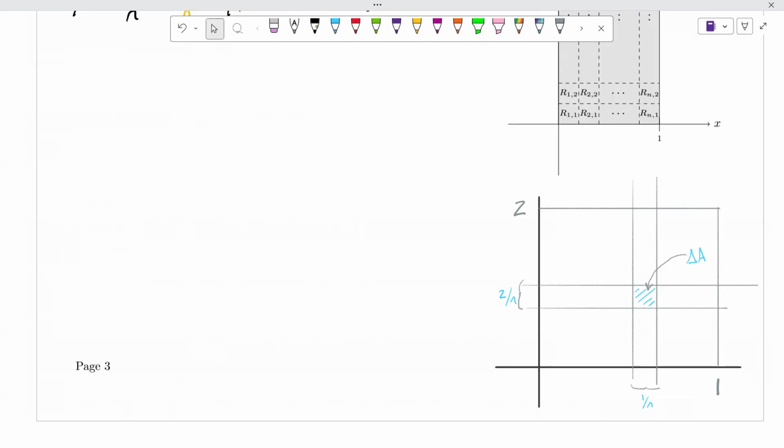So I need an expression for it. And if I just look at some generic rectangle there in the middle, I can see that each of those rectangles should have an area of delta y times delta x. Right?